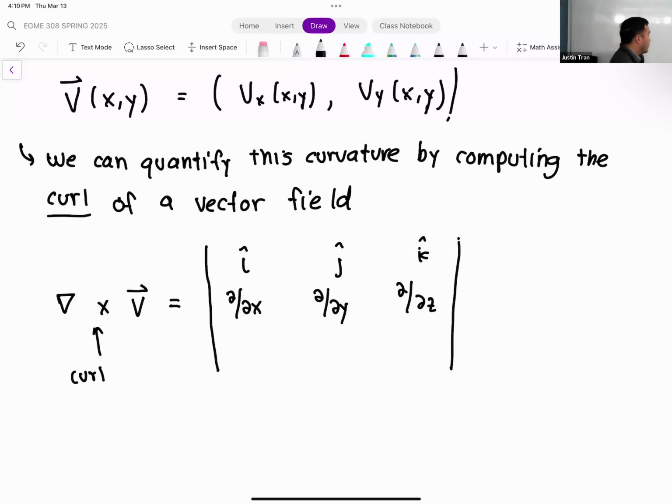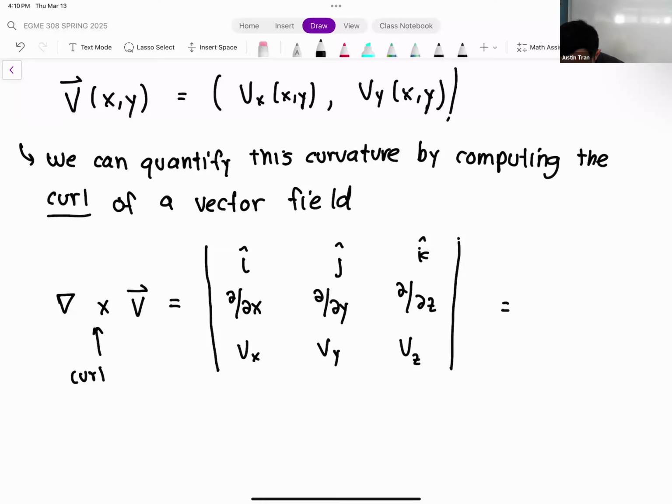For this curl, I'm taking a three-dimensional example. Usually, you can take the curl in 2 dimensions, that's usually fine, but the full expression is in 3D. On the last row, we have the components of the vector field V: Vx, Vy, and Vz. To take this curl, you simply take the determinant of this matrix, just like you would with the cross product.